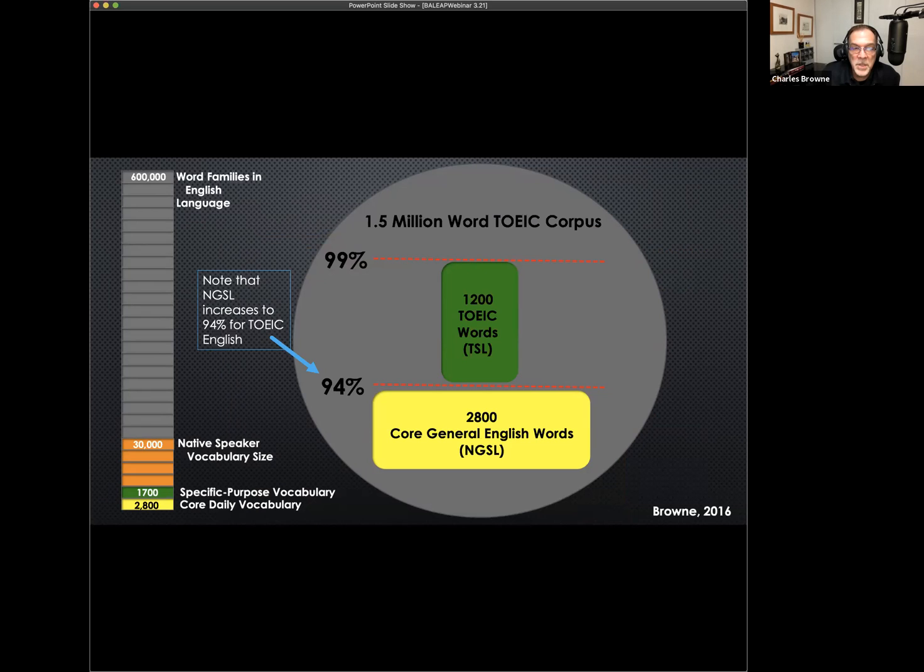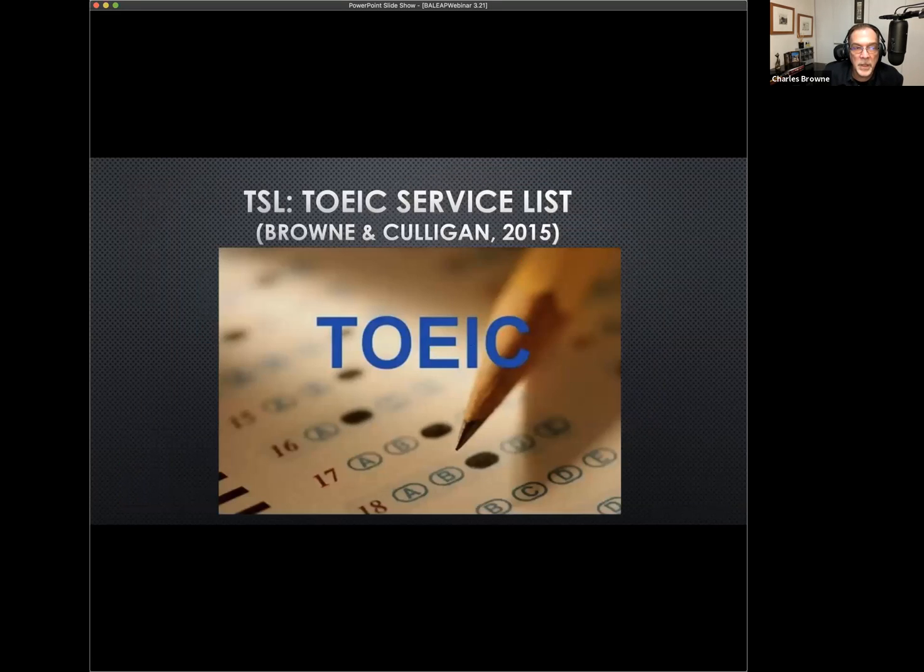If you combine them together, you're getting 99% coverage for the latest version of the TOEIC exam. And please also note that the NGSL is actually a very good starting point for the TOEIC exam, because instead of 92% for general English, when we go to TOEIC English, it's giving about 94% coverage. So it's a very good starting point for preparing for an exam like the TOEIC.